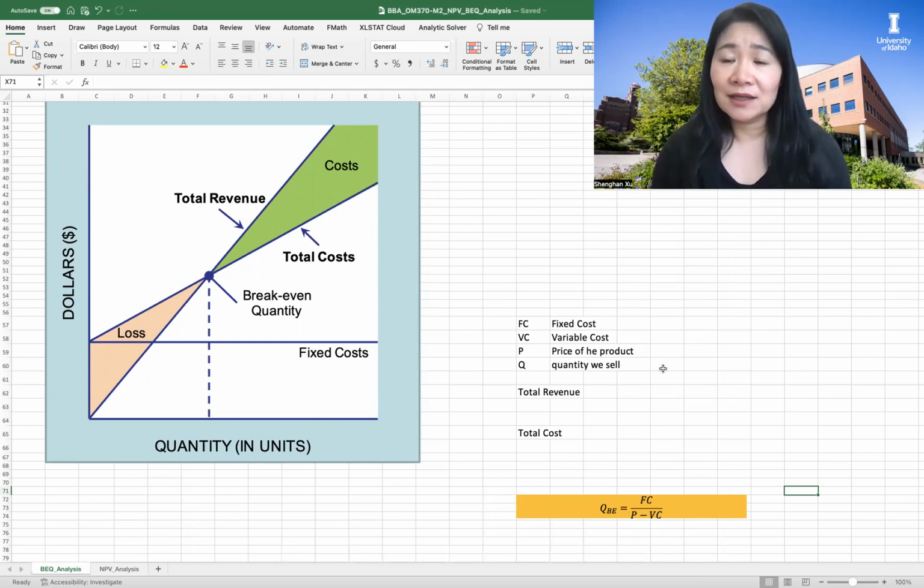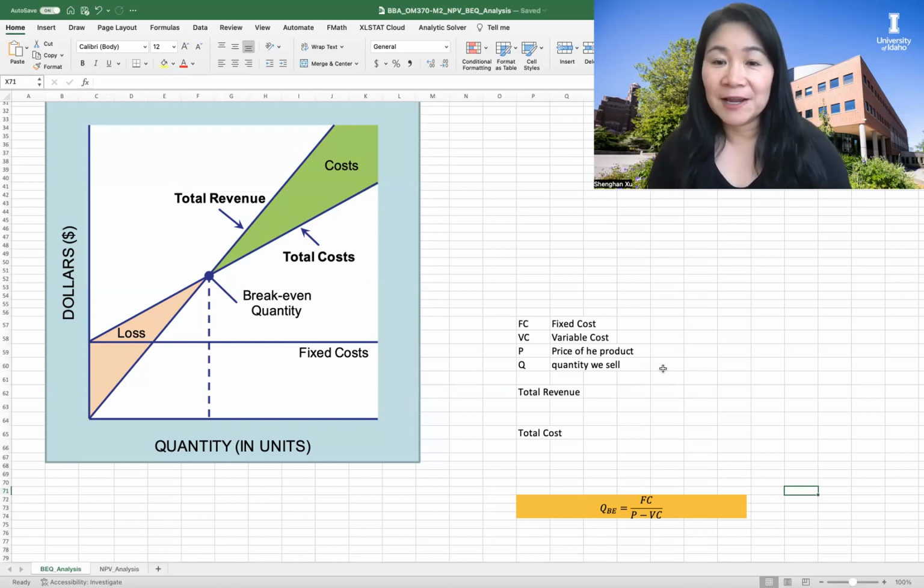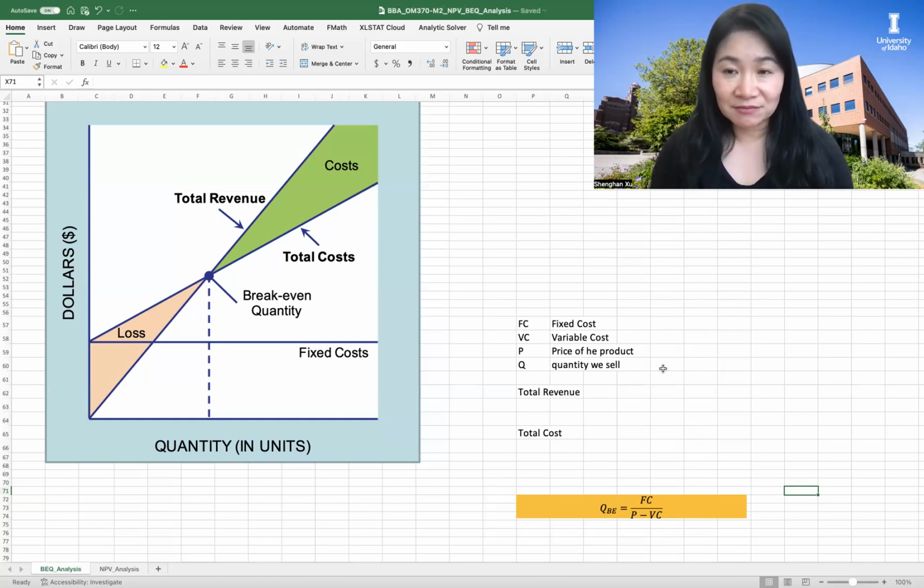Fixed costs are like initiating costs or the initial investment on equipment, location, facility, etc. And a fixed cost does not change by the volume you produce. So you produce 1 unit, and it's going to cost X amount of money. And if you produce 10,000 units, it's still going to cost X amount of money. And that's the concept of a fixed cost, right?